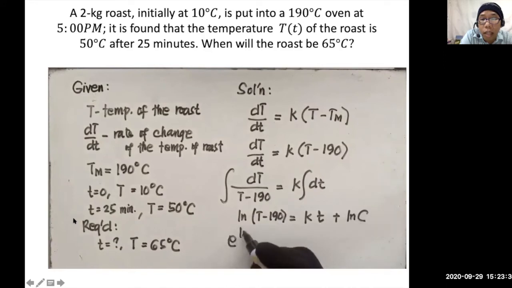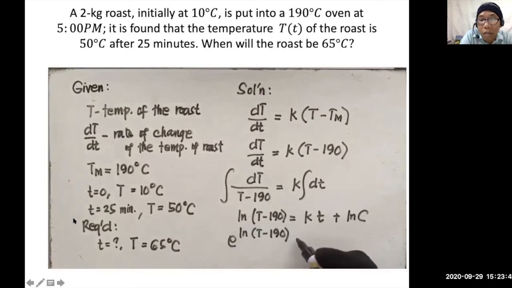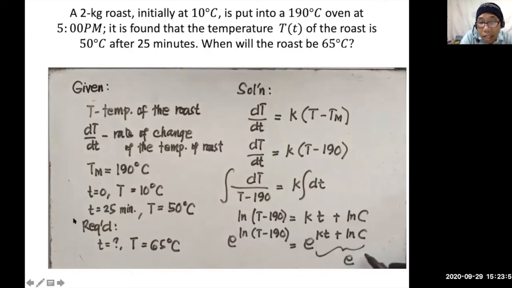And then tatanggalin natin yung ln, di ba? So we get the anti-ln of both sides of the equation. So we have this e raised to kt plus ln of c. Okay, and you know that on the right-hand side, e raised to kt times e raised to ln of c will give us what?